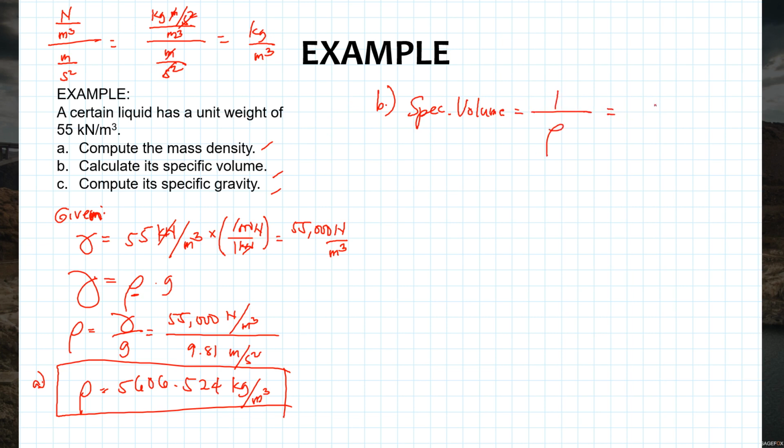So if we have a mass density of 5606.524 kilogram per cubic meter, the specific volume is equal to 1 over 5606.524, which is equivalent to 0.000178.